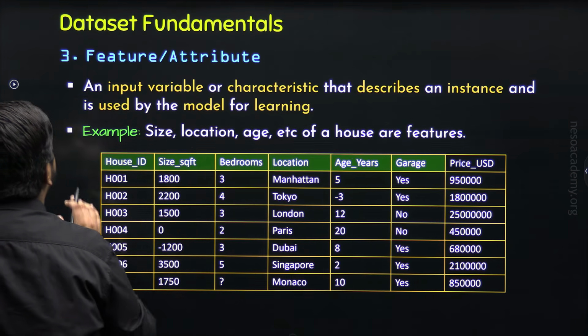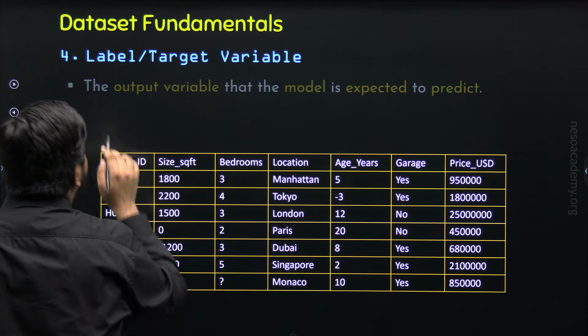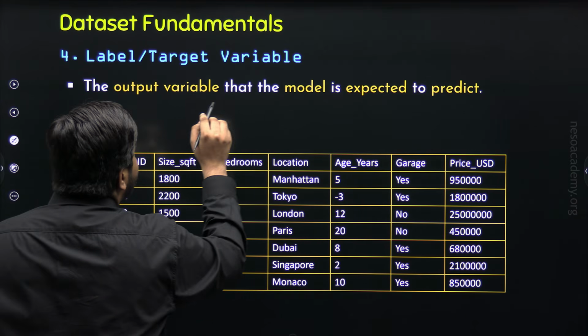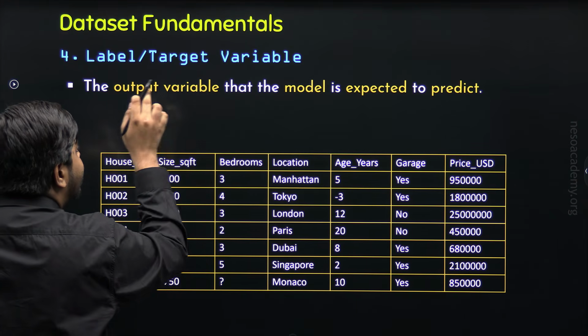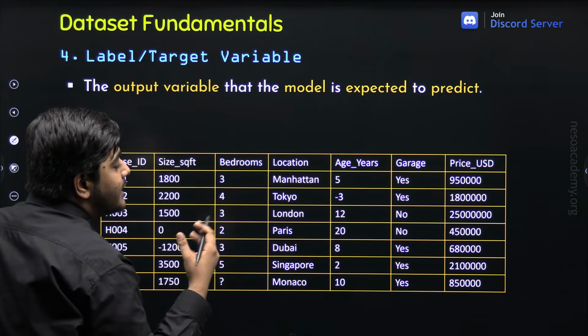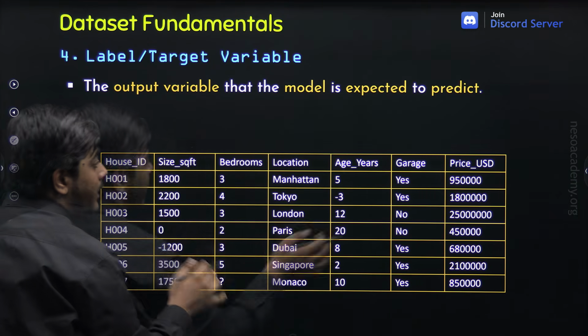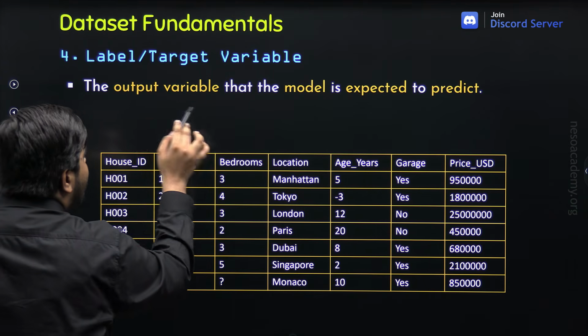Now let's move towards the fourth term, that is label or target variable. A label is the output variable that the model is expected to predict. Now this label or target variable is the output variable that the model is expected to predict. That means in this house price dataset, this price USD is the output variable.